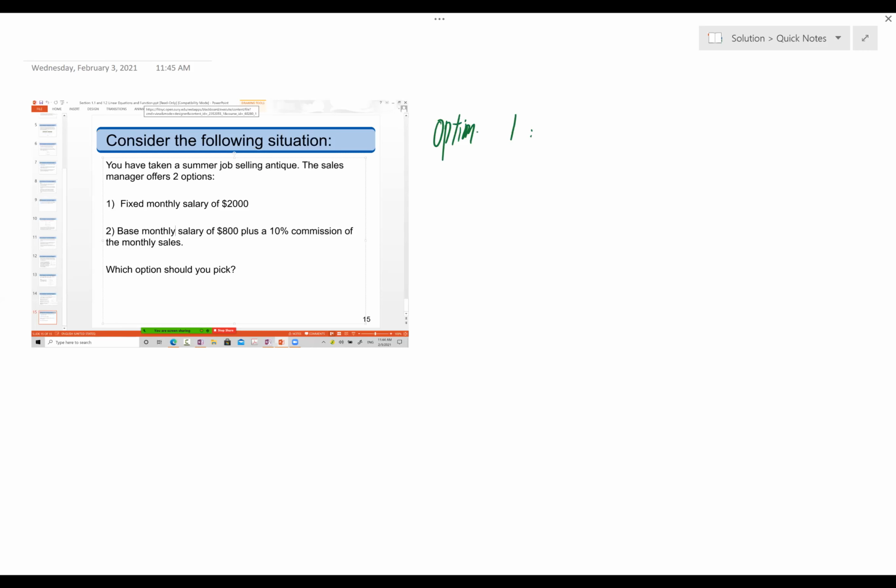Let's say Y represents the monthly salary. So for option number 1, Y should be equal to 2,000. That's all. No matter how many antiques you sell within a month, you always end up with $2,000. So that's how you formulate this particular scenario.